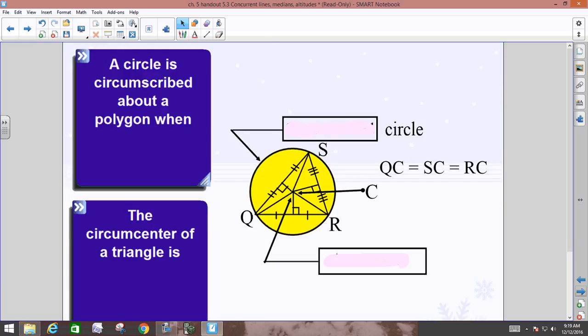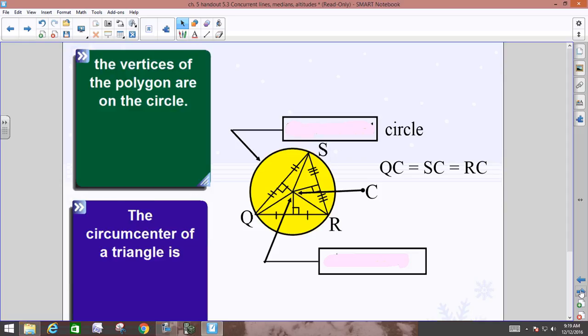Okay, so we're going to talk about circumscribed circles and inscribed circles. A circle is circumscribed about a polygon when the vertices of the polygon are on the circle.